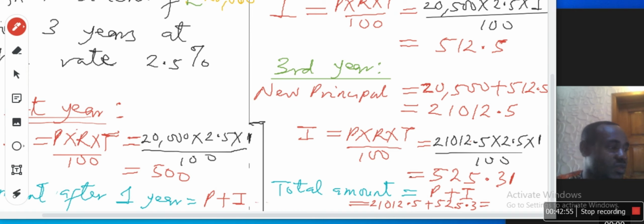Please use your calculator to back up what your sister is doing so that we can work faster. 21,012.5 plus 525.3 gives what? 21,537.8. That's the total amount after this period.